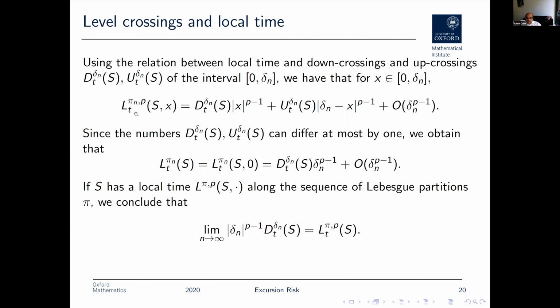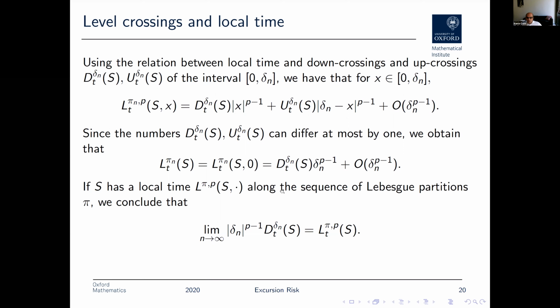So it means that the local time of order p at 0 of our signal, that's the left-hand side, will be equal to the number of down crossings. So this is exactly the number of delta excursions, because every time you cross down from delta to 0, you trade once, times delta to the power p minus 1.